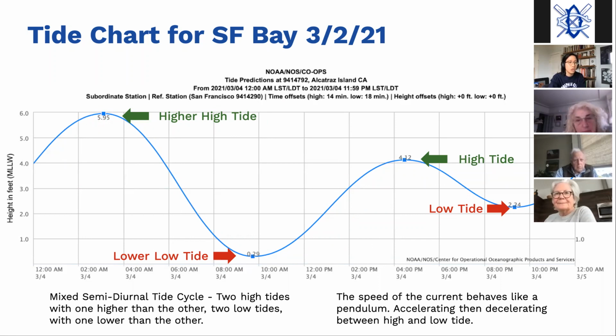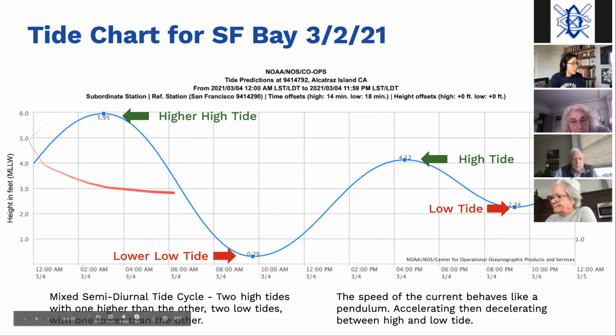There are 2 high tides and 2 low tides during the course of a tidal cycle. And further, one of the high tides is going to be higher than the other one, and one of the low tides is going to be lower than the other. This phenomenon is what we refer to as mixed semi-diurnal, which I've defined down here.